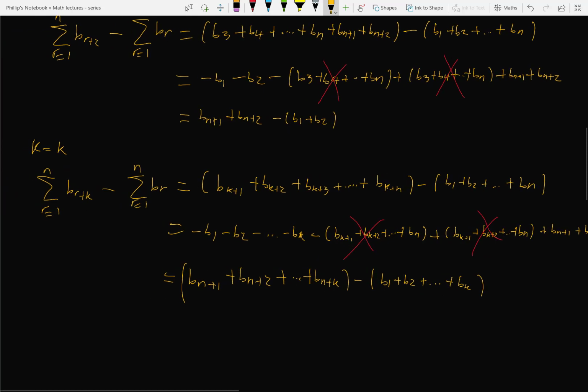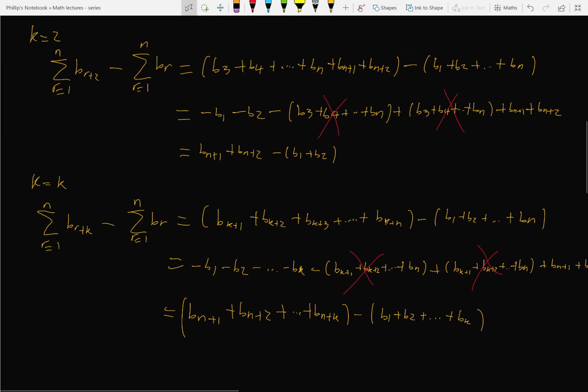That'll be the pattern continuing on, because if you look here, when k is 2 they go to n plus 2, so when k is k we go to n plus k, and k is 2 so we just do 1, 2, k is k so we just go to k.